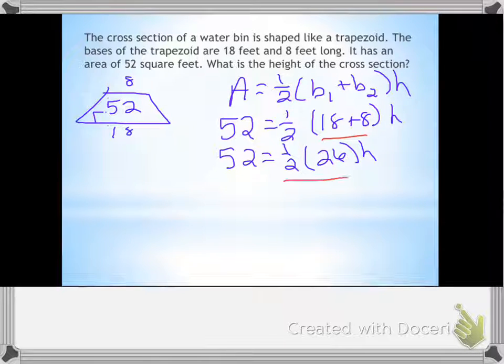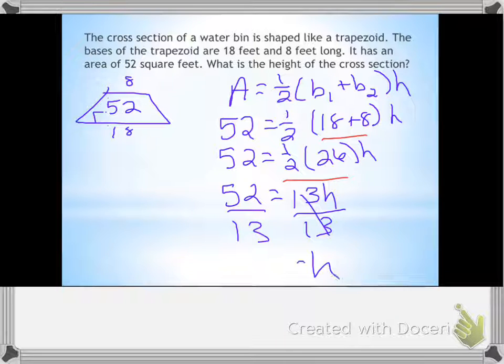Next thing I'm going to do is find half of that 26, which happens to be 13. And then I'm going to divide both sides by 13. And 52 divided by 13 is 4. So the height will be 4 feet.